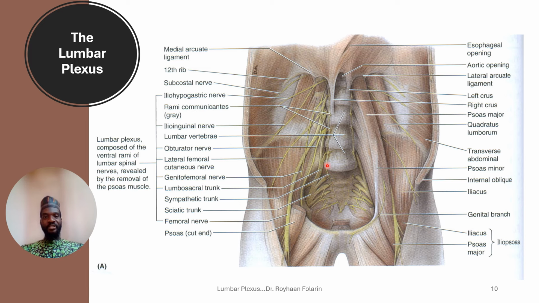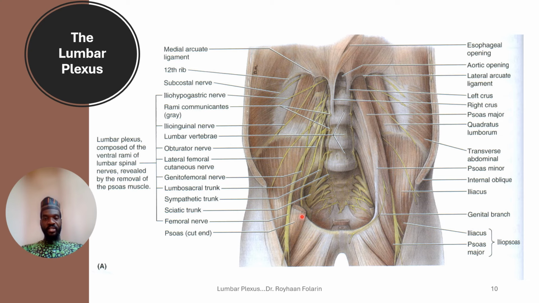So this is a sympathetic trunk, containing the cell bodies of the neurons that belong to the sympathetic nervous system. So these neurons project their axons to muscles and glands, all around. You see also the sciatic trunk, which will end up forming the sciatic nerve, the largest nerve in the body. And then the femoral nerve is seen right here.